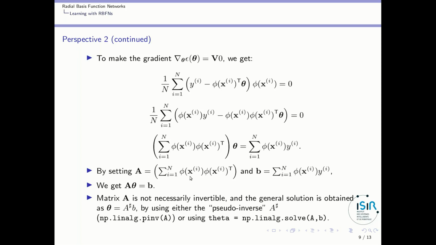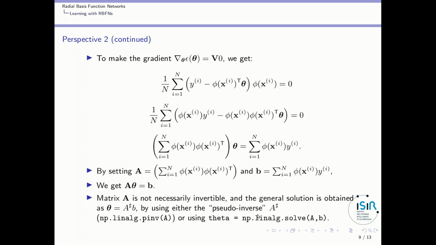So by setting this matrix equal to A and B equal to this, I get A times theta equals B, and so I will get my theta as the inverse of A times B, but A is not necessarily invertible, so my more general solution is obtained by using the pseudo-inverse of A obtained with that particular Python function, or using just the linalg.solve method that tells you what's the value of theta in that particular function.